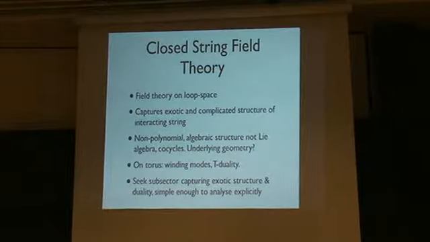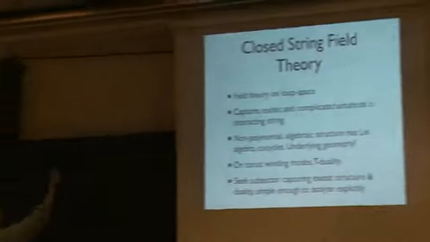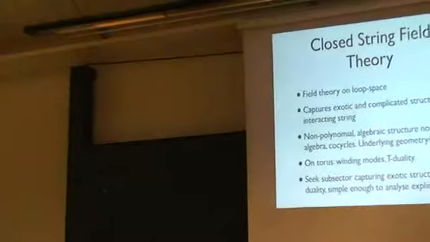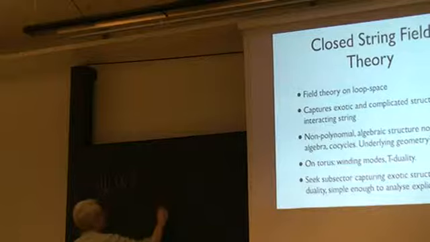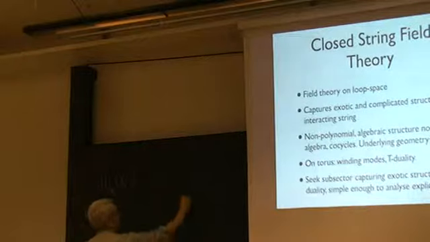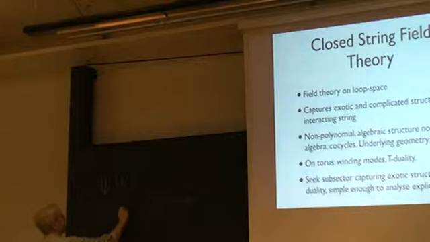So closed string field theory, as I mentioned, is a field theory on loop space. If one's looking at the quantum mechanics of a particle, one has a wave function psi of x, which represents the probability of finding a particle at a particular point x. And for extension to strings, we would have some loop in space-time, x of sigma, and we have a wave function which is a function of these loops.